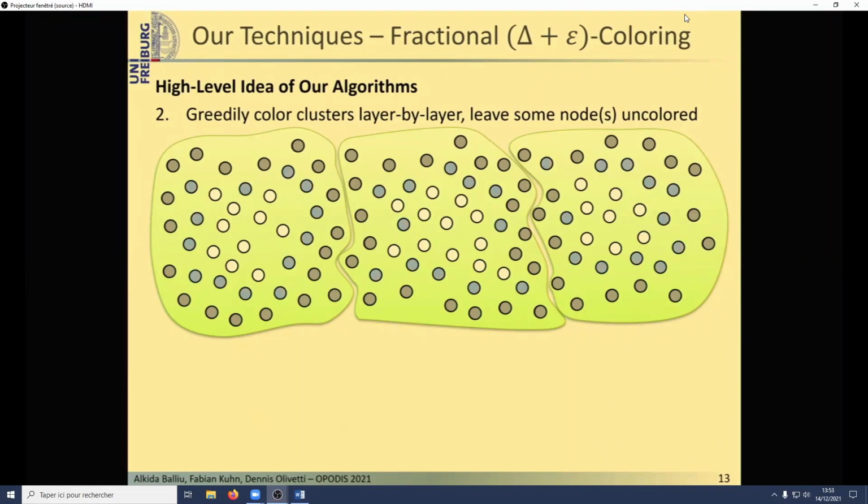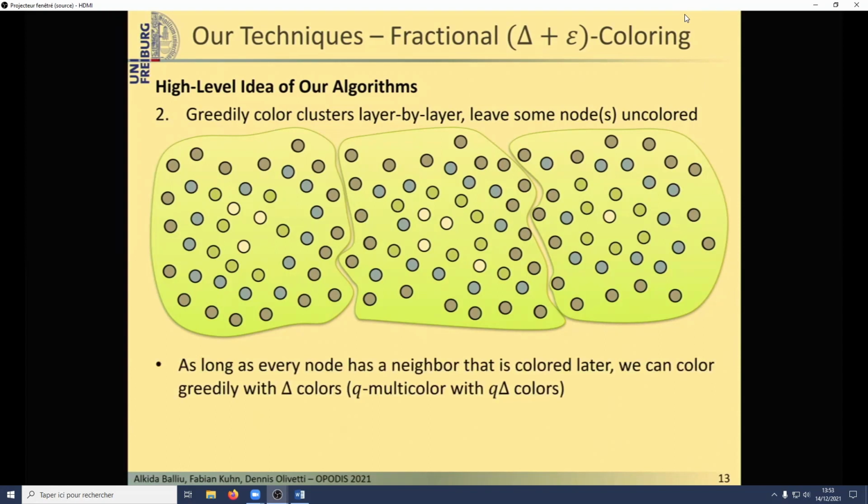And when you do this, as long as you're not reaching the last layer, you always have a neighboring node in the next layer, which is still uncolored and which you don't need to color right now. Which means that except for the last step, whenever you color a layer, you're always in this greedy regime, right?